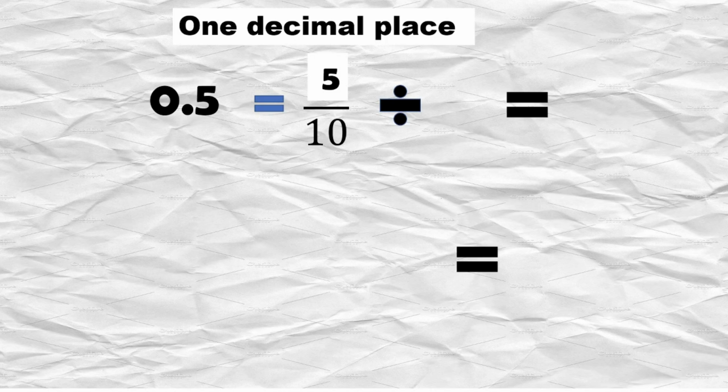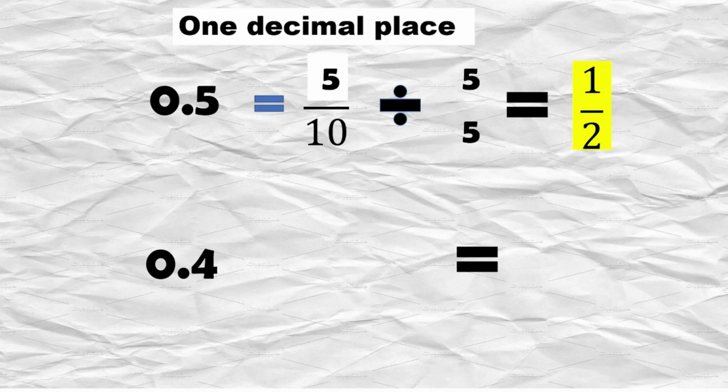So, we have 5. Okay? So, 5 divided by 5 is 1. And 10 divided by 5 is 2. So, the lowest term of 5 over 10 is 1 half. Or, 0.5 is equal to 1 half. Okay? So, mag-iisip lang kayo or ilo-lowest term nyo lang siya kung pwede siyang i-lowest term.